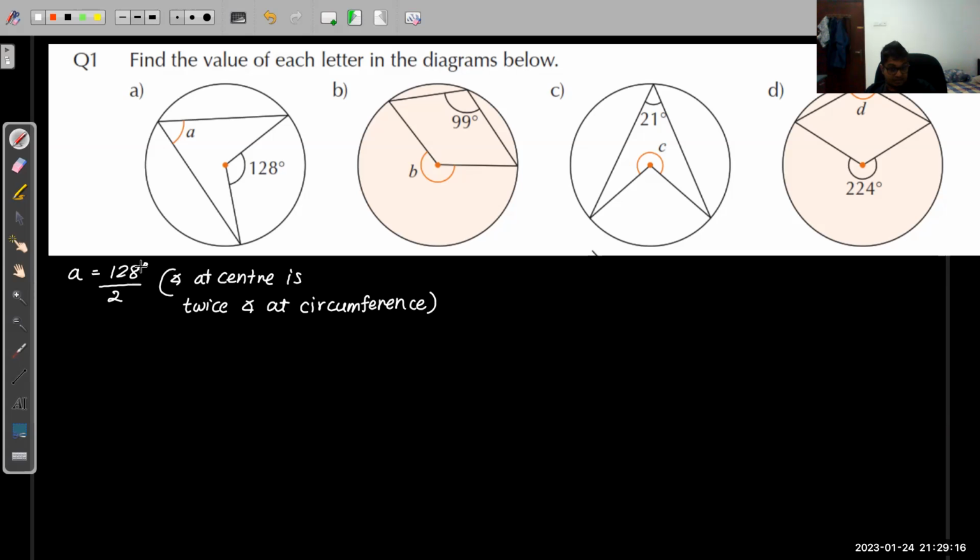Remember, Naila, reasoning is very important. You must do the reasoning, because they allocate marks for geometrical reasoning separately.